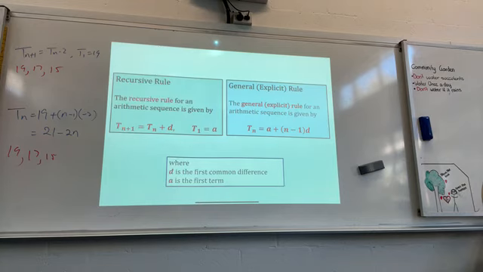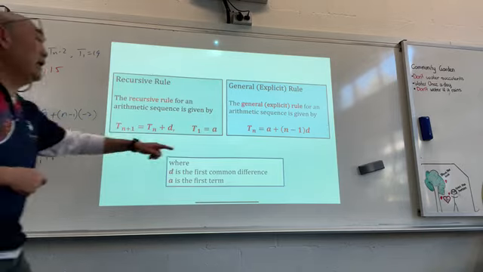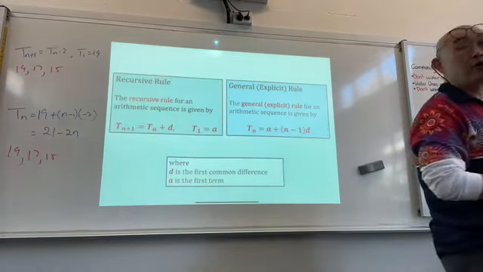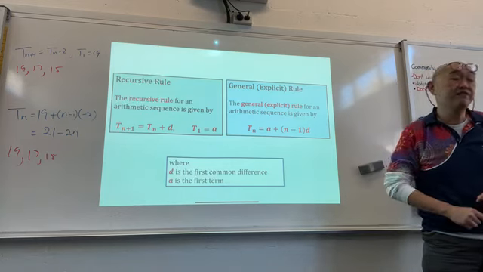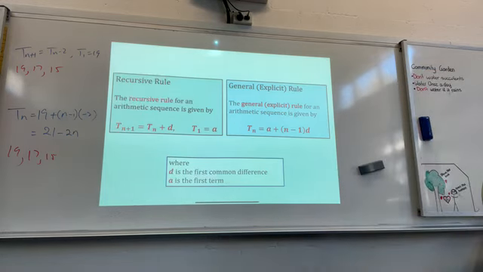Alright, granted in the exam or in the test, sometimes the third or the fourth term is given, you're going to find term number 1. That's problem solving for you. Alright, but when we state recursive rule, always state T1. General rule, we don't need to state T1 because T1 is already inbuilt in that general rule. Alright, so D is the first common difference, same for both, and A is the first term. Any question before I move on?